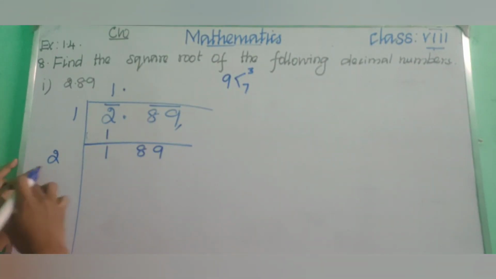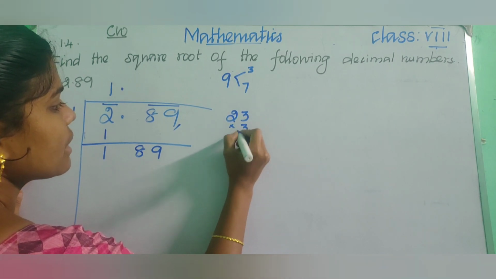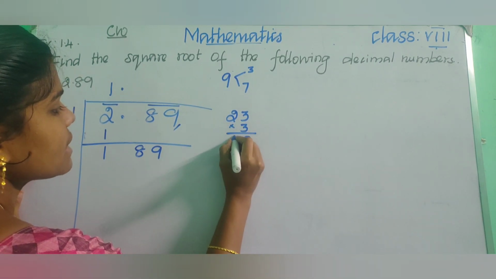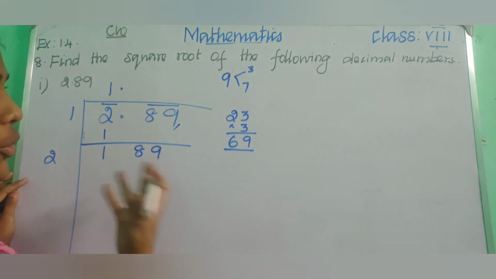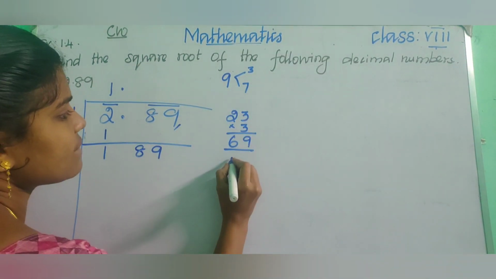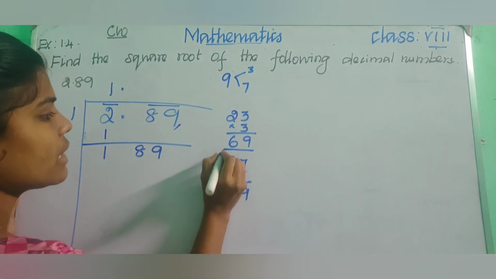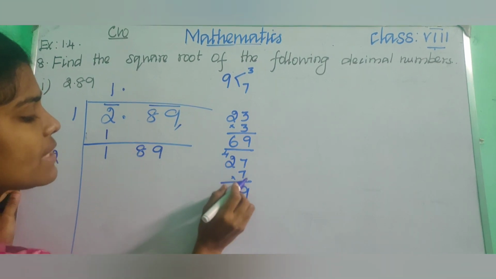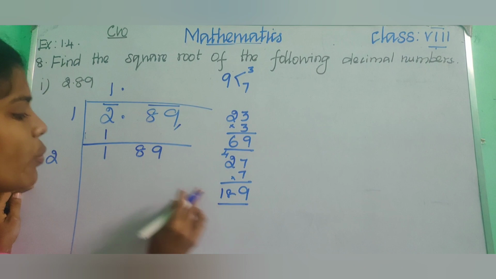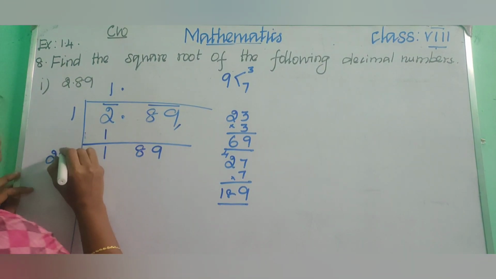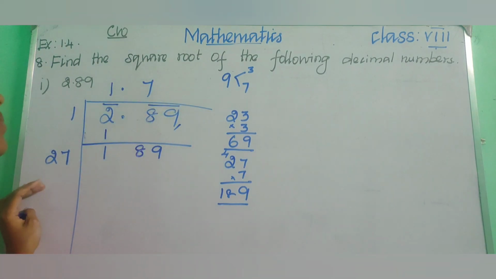Let us check. 2, 3: 3 into 3. 3 3s are 9. 2 3s are 6. Are these two equal? No. So let us check with 7. 2, 7, 7. 7 7s are 49. 9 and 4 here. 2 7s are 14. 14 plus 4 is 18. Now we got 189. So we put 7 here and also 7 in the quotient.